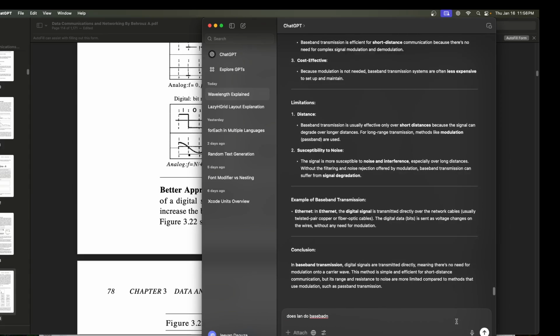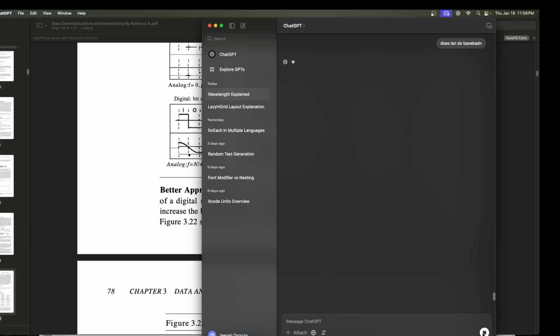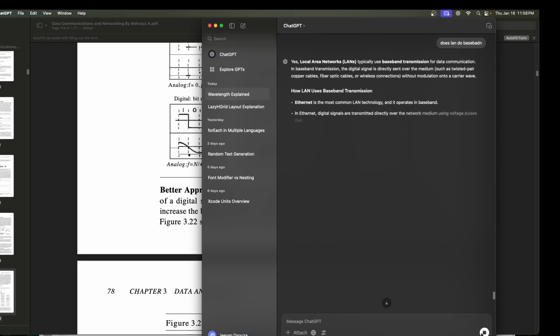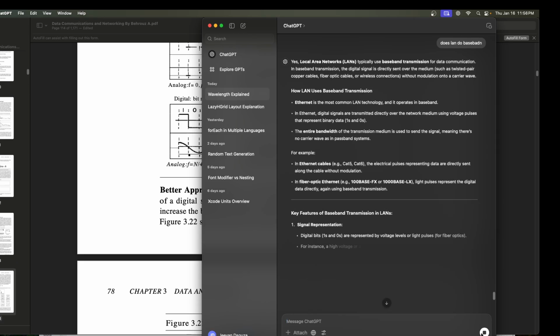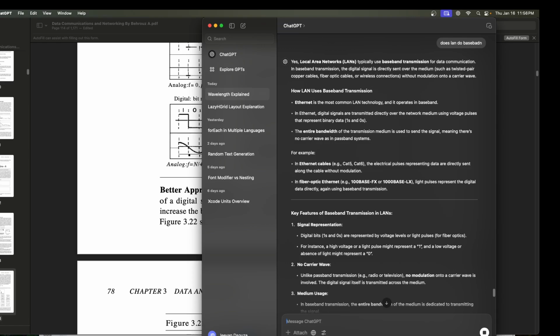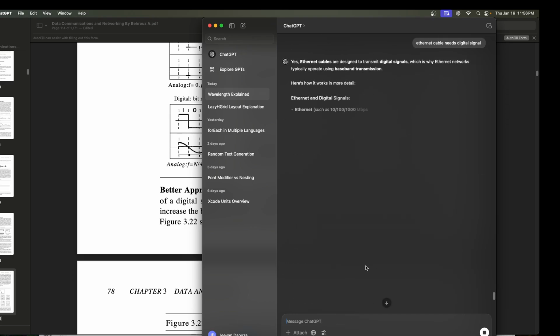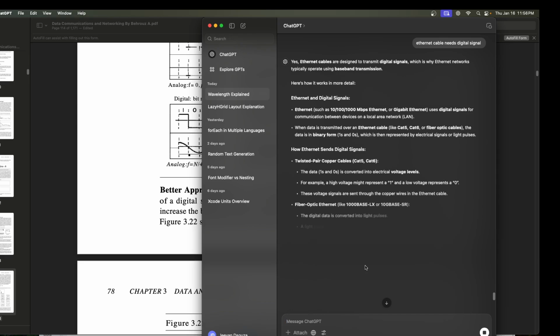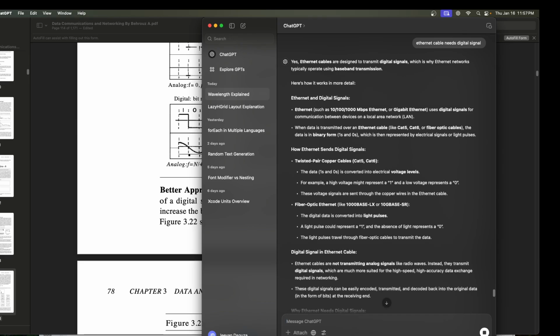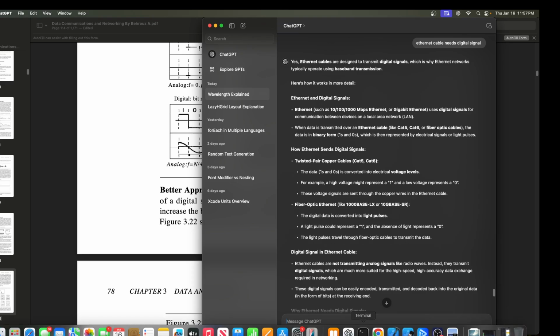You're saying local area networks, Ethernet. So that means an Ethernet cable needs a digital signal. But how?